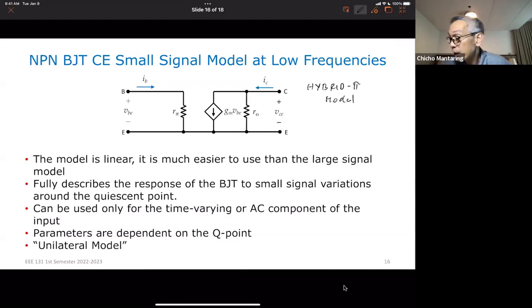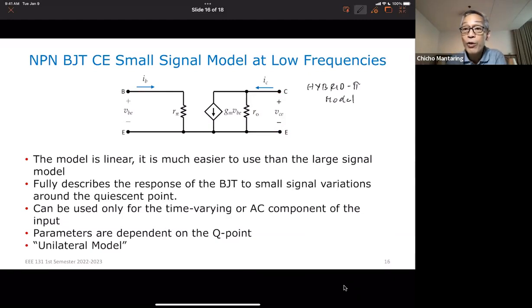In other words, itong model na 'to, this is your base, this is your collector, this is your emitter. As long as I make the correct connection to your collector, to your base, to your emitter, then I can use this model even for your other configurations. So this is the only model that we're going to be using.